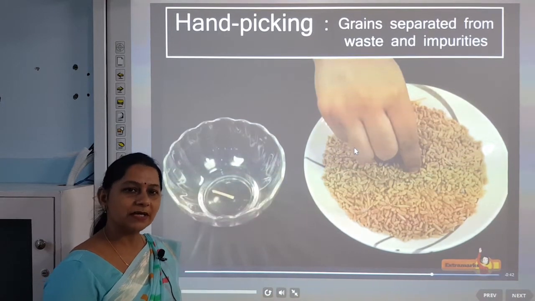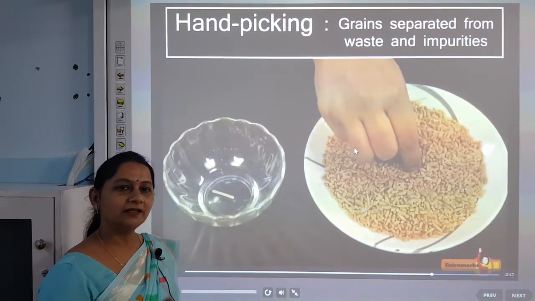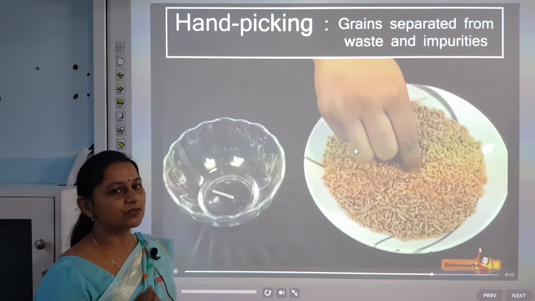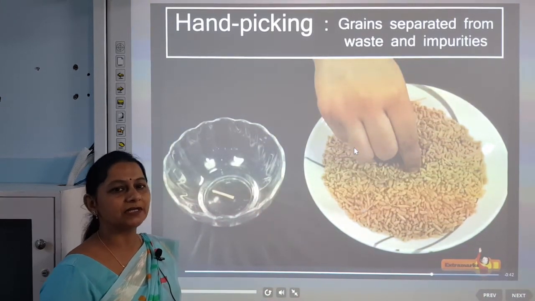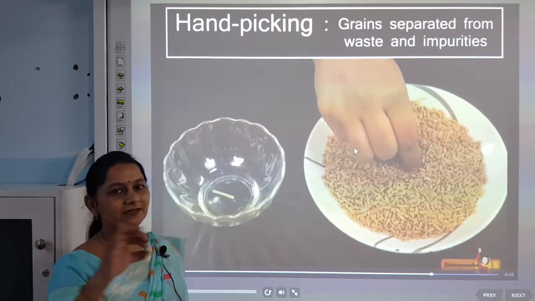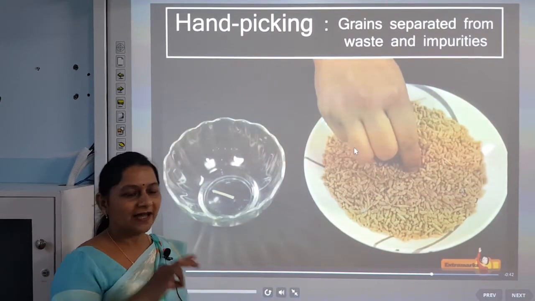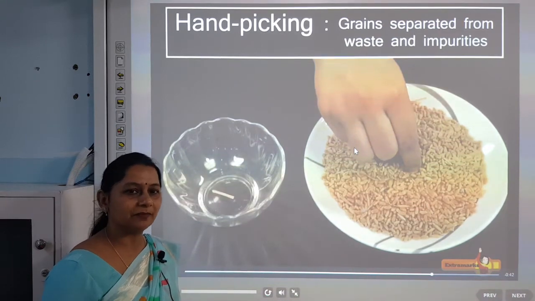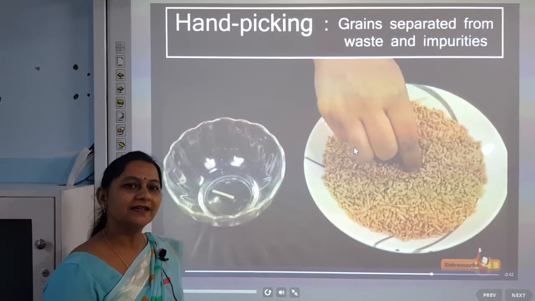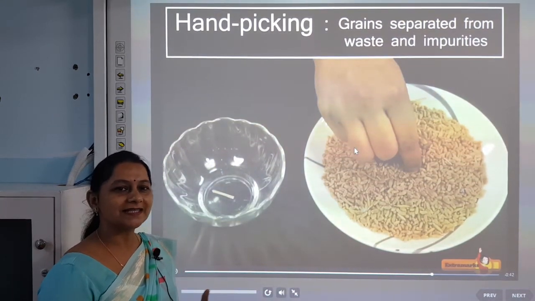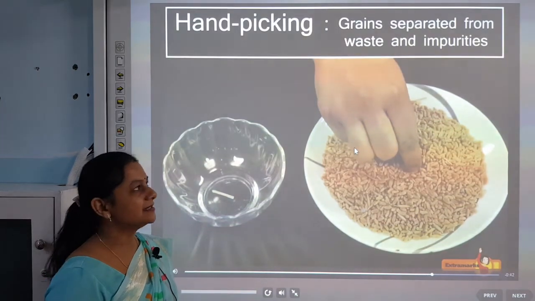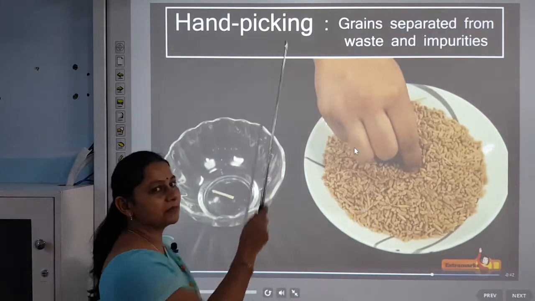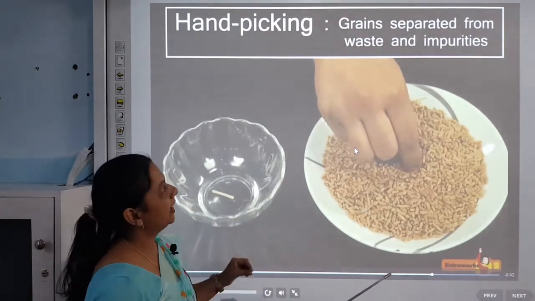Sometimes when your mama serves you fried rice and you don't like to have coriander leaves, or you want to separate the onion pieces from it, what do you do? You take them out by hand and separate the onion particles or the coriander leaves from it. So, what is that simple method? That is, as the name suggests, hand picking, means picking up by hand.